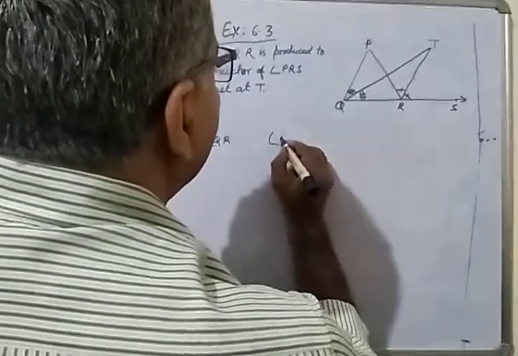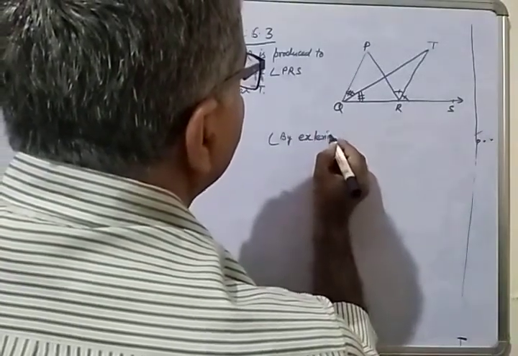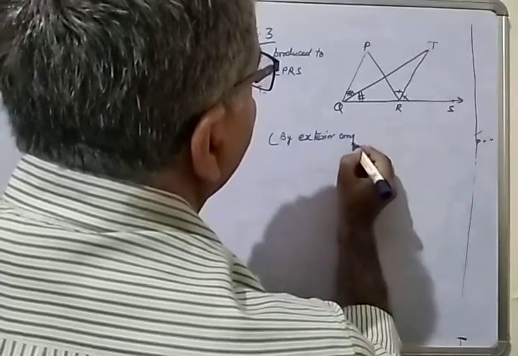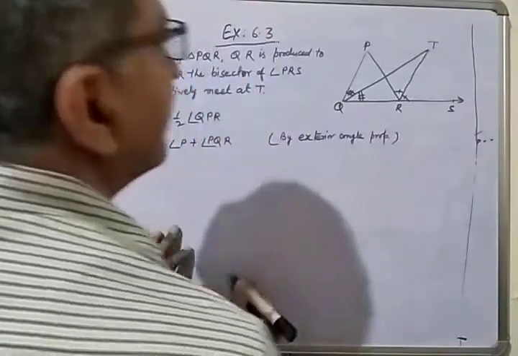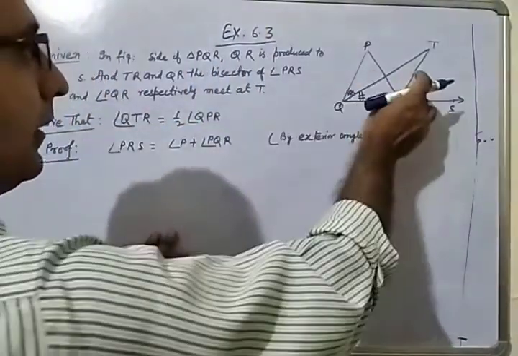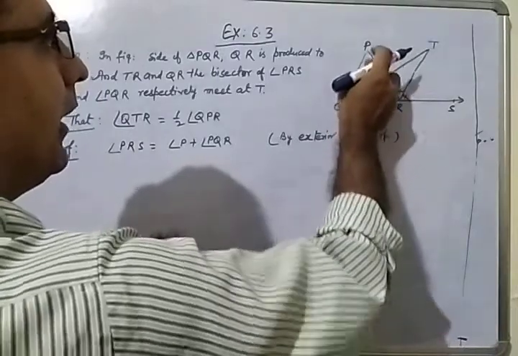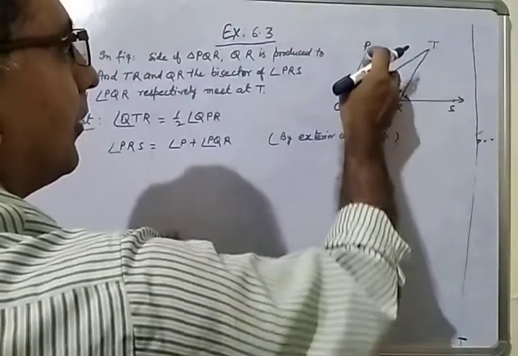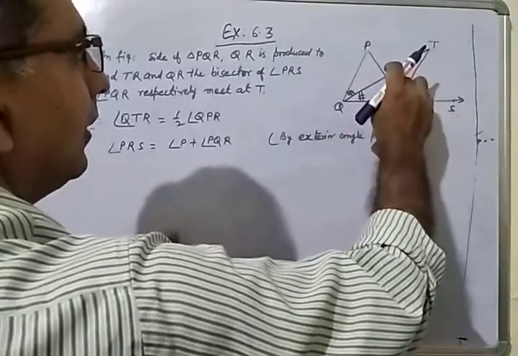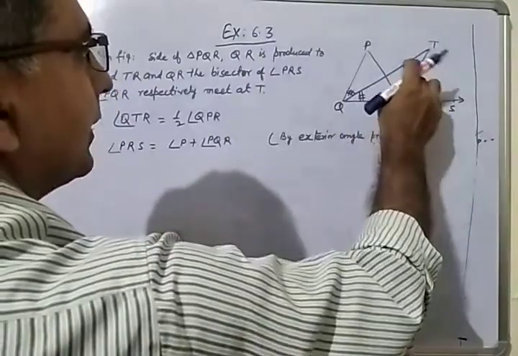This one is by the exterior angle property. The exterior angle is equal to the sum of the opposite interior angles. These are the opposite interior angles, and the sum of opposite interior angles is equal to the value of the exterior angle.